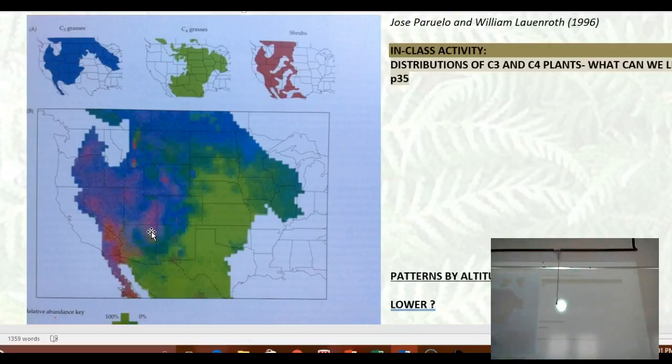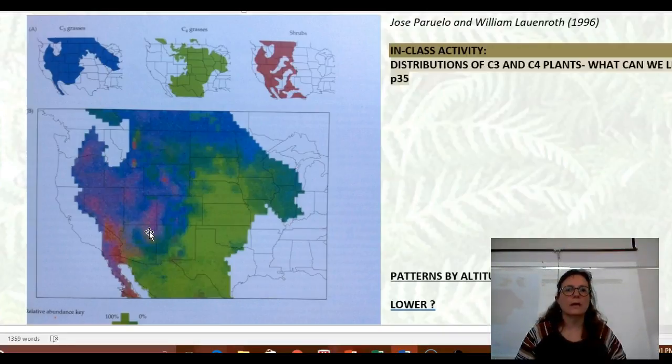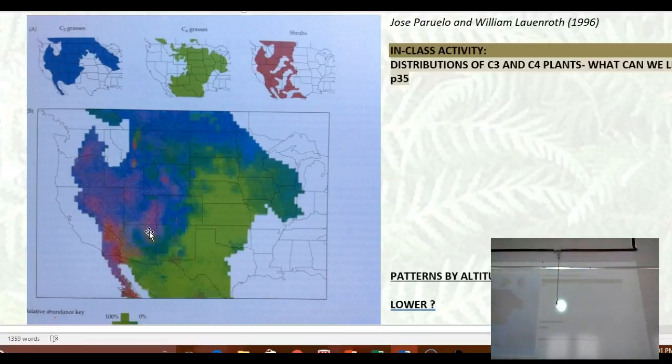Again, curiosity, pattern recognition. Okay. What about, go back to, okay, here. What's going on in these little spots here?